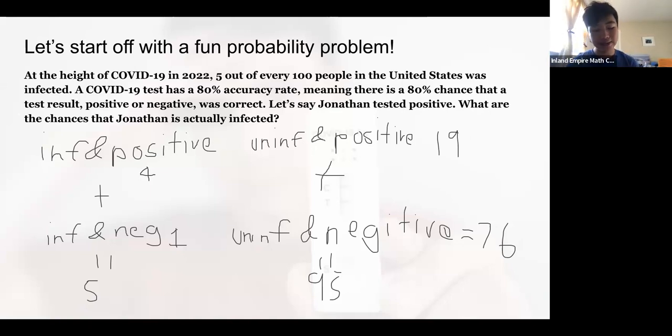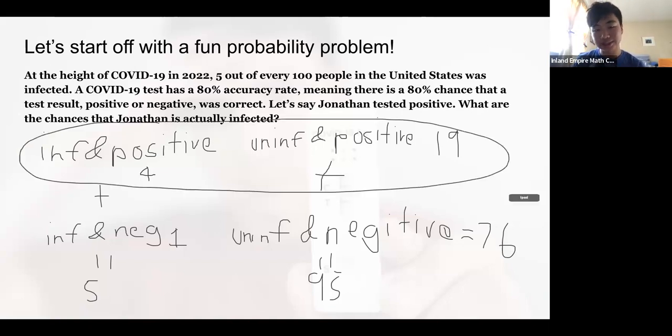Just keep in mind that this is a percentage, but we're looking at it from the perspective of a random 100 people in the United States. Since we already know that Jonathan tested positive, there is a total of 23 people in the United States out of the 100 who would actually test positive.